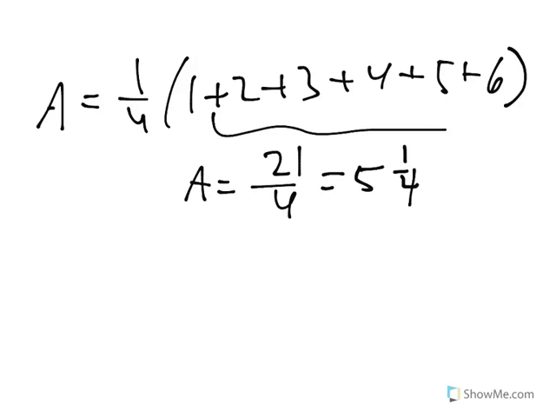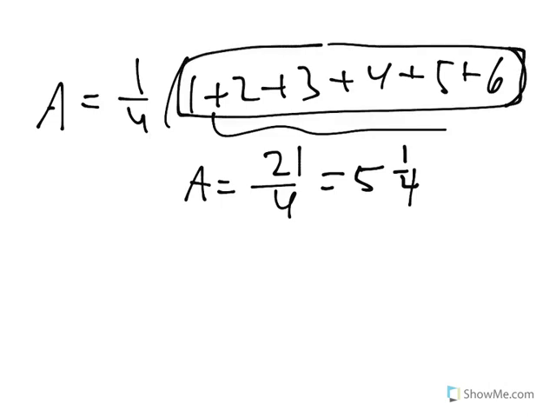But that's the idea. Now, if there were a lot more, before I get to that, I'm going to remind you that instead of adding 1 plus 2 plus 3 plus 4 plus 5 plus 6, there is a formula where if you add together the first n integers, it's n times n plus 1 over 2.